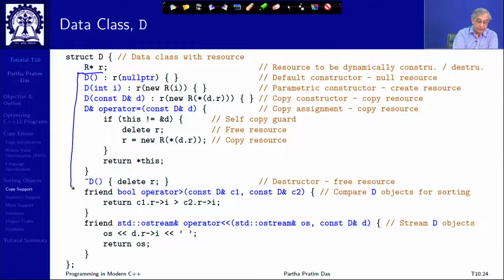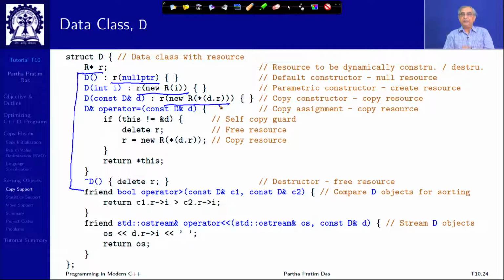It has all its usual operations: default will set it to null, otherwise if it is parameterized then it will construct an object with value R I, allocate for that and put that pointer. In case of a copy construction, it will copy the value of the resource from D, the source object, and construct a new object.